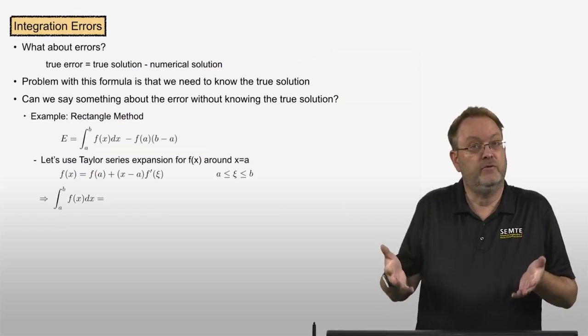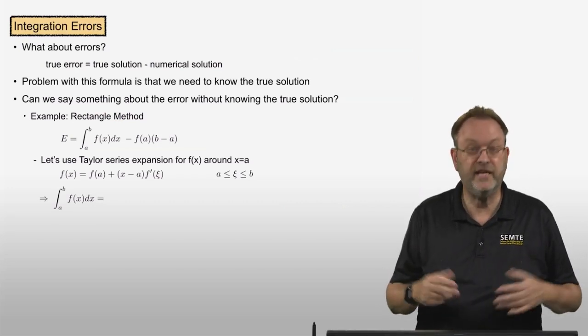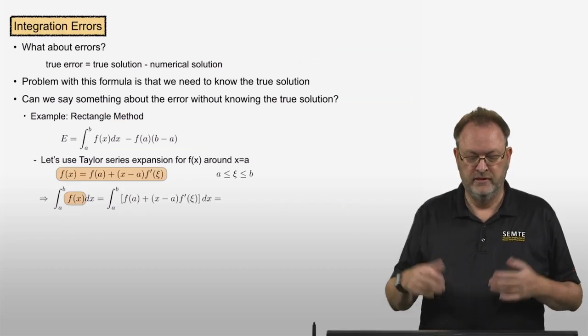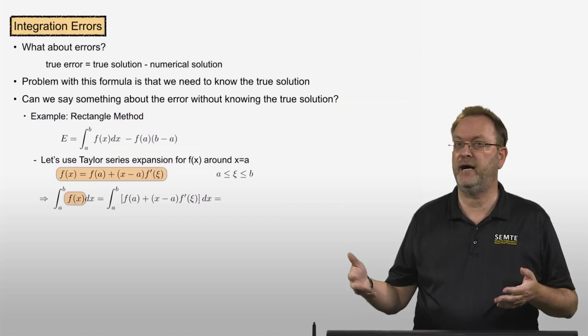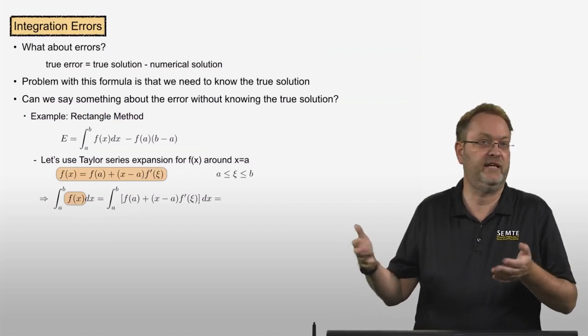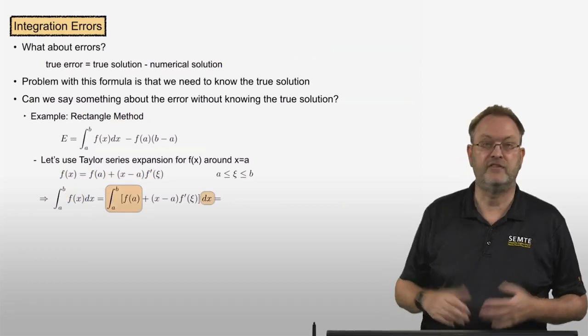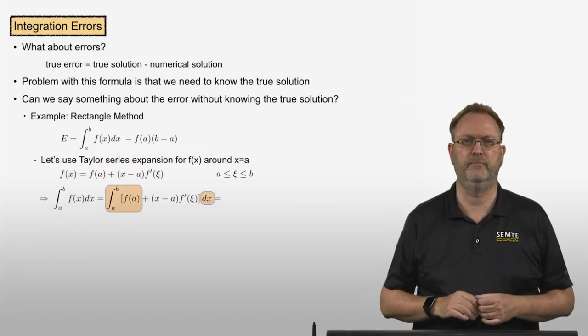And so let me use this definition and plug it into this integral. So the integral from a to b of f of x dx is equal to the integral of f of a plus x minus a times f prime evaluated at this unknown location psi dx. All right, so let me do this integration. I can definitely integrate this first term here.